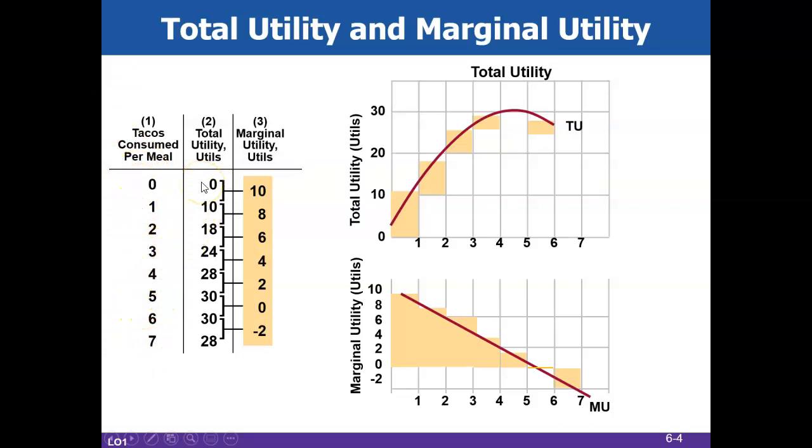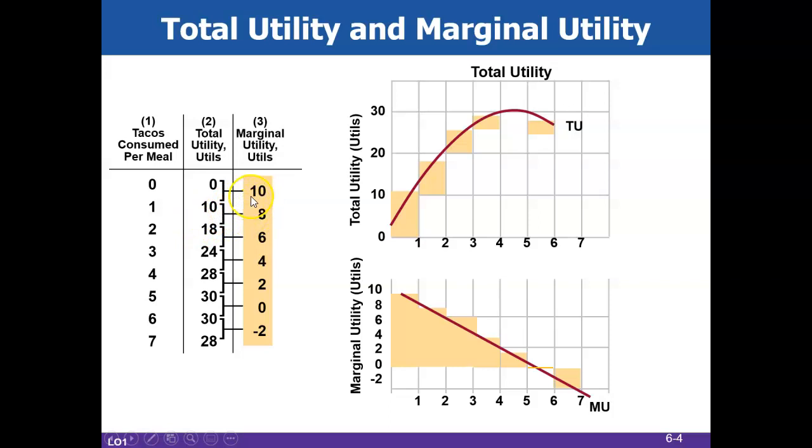And the second column is telling us what our total utility is from the consumption of tacos. So one taco gives somebody a total utility of 10. Two tacos give somebody a total utility of 18. So we know the marginal utility of the very first taco was 10. Okay, it equals total utility.